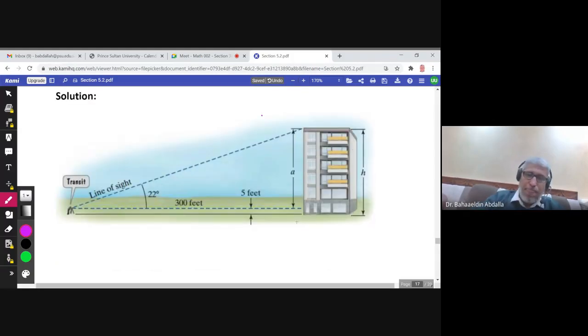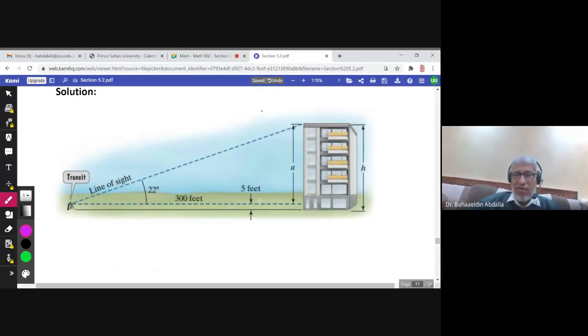So what do we have? We have a right triangle, and we have an angle, 22. We need A. A is the opposite side to 22. And we have 300, which is the adjacent side to 22. So we think of a trigonometric function that deals with opposite and adjacent.